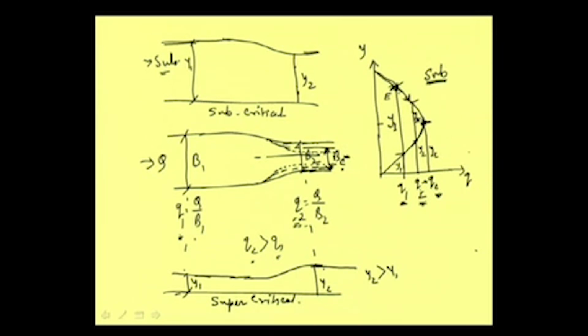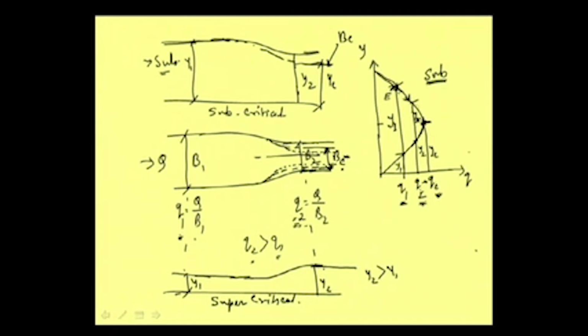Well, it is coming down, and for the BC value, this corresponds to depth YC. This is for BC, bed width equal to BC, we are getting this YC. And then if we reduce it further, then our Q will increase more.